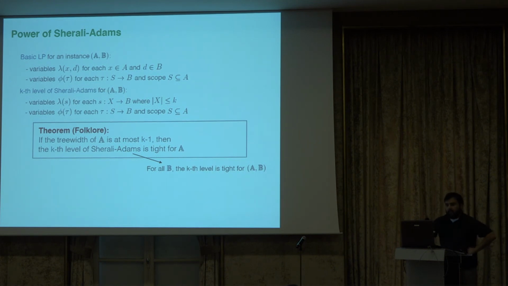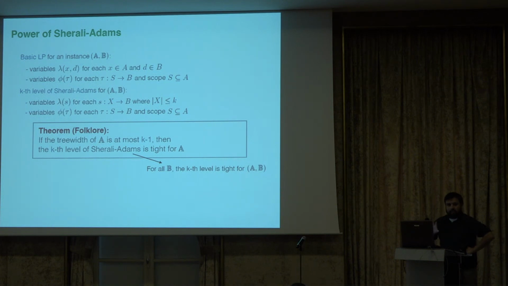And in the K level, we have precisely the same, but now we consider more variables, and in the first type of variables, now we consider all the mappings whose domain is X, where the size of X is at most K, okay? And it is a folklore result that if the tree width of A is at most K minus 1, then the K level of Sherali-Adams is tight for A. And it means that for all B, independently of B, the K level is tight for A, B, okay?